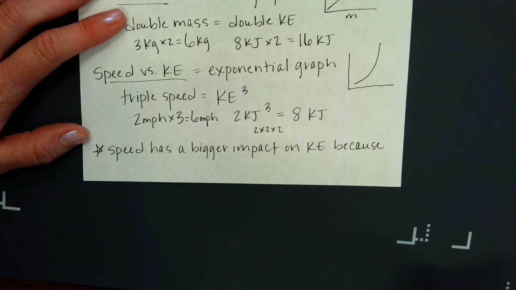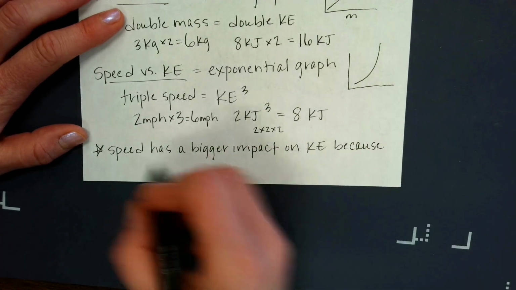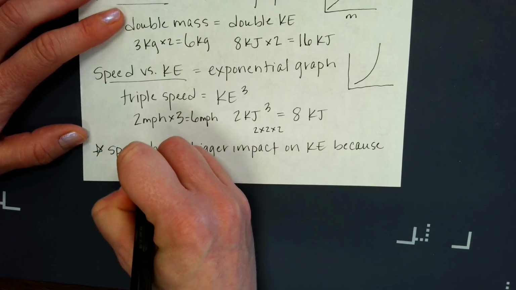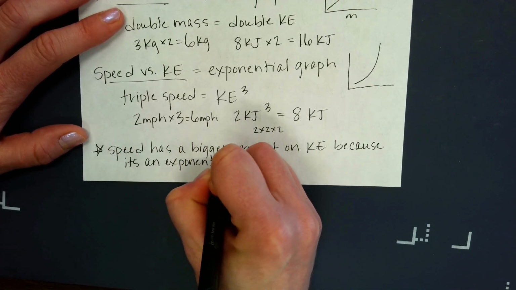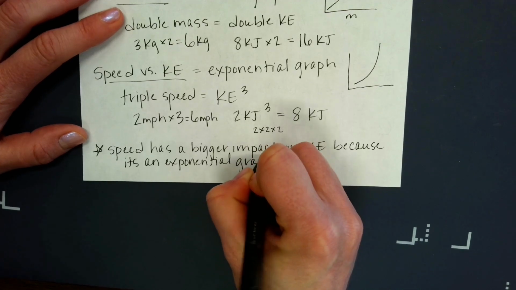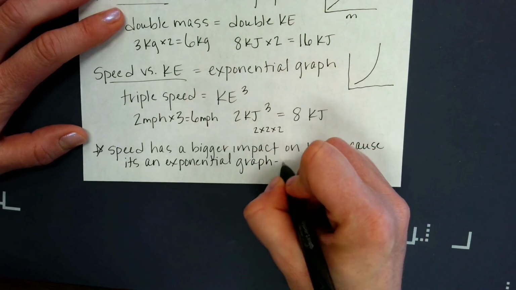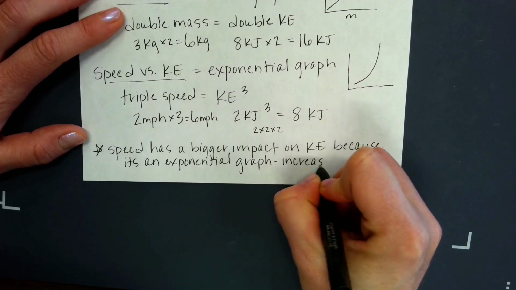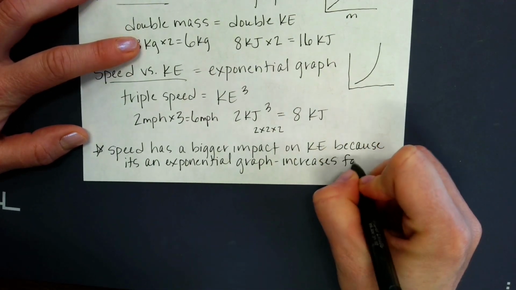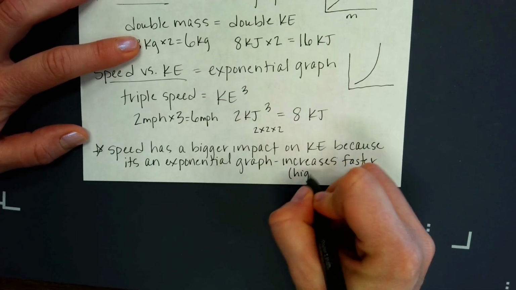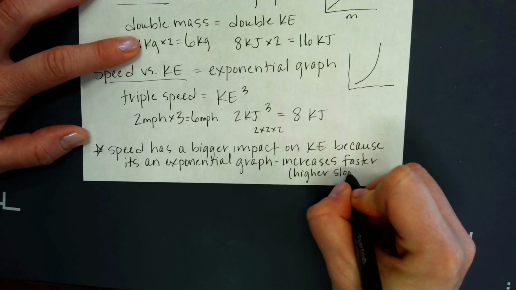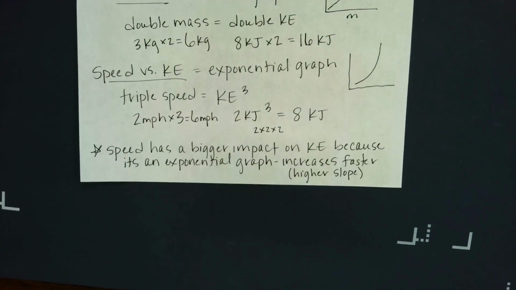Because it's what kind of a graph? It's exponential, okay? And it increases faster, okay? So because it's an exponential graph, it increases faster. Another way you might see this is because it has a higher slope. Okay? That would work too.